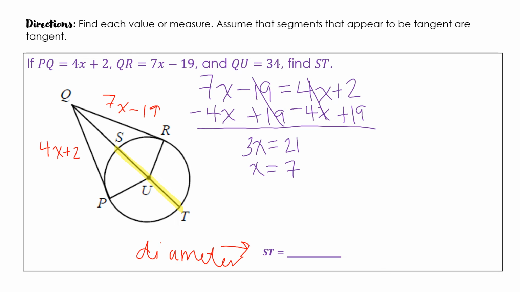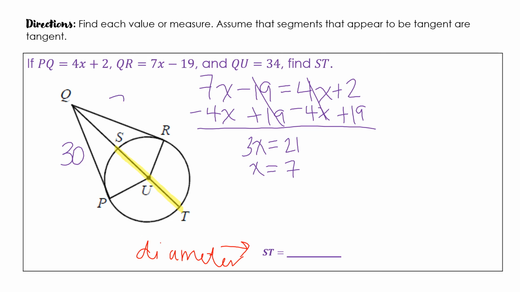So if I do 4 times 7, that's 28, and 28 plus 2 is 30. So we have that QP is 30. Okay, let me double check and make sure it works for QR as well. 7 times 7 is 49, and 49 minus 19, 30 as well. So we know that our x equals 7 is correct, and our 30 is a good length for that.